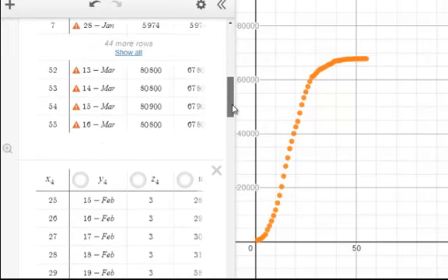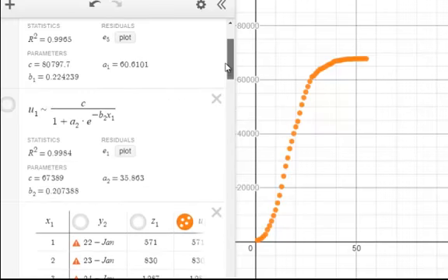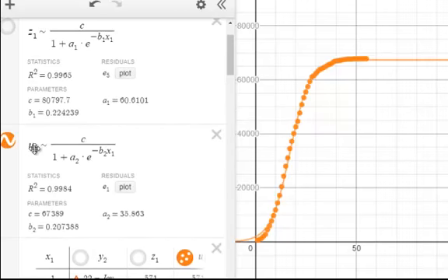And then let's see, my logistic model, where did I put that? Here. And you can see, wow, that's really right on there with the carrying capacity apparently at 67,000. Again, that's the extra 10,000 or so from February 12th.